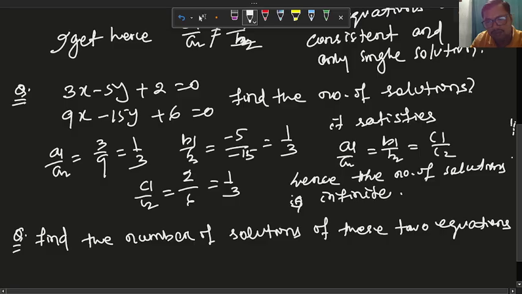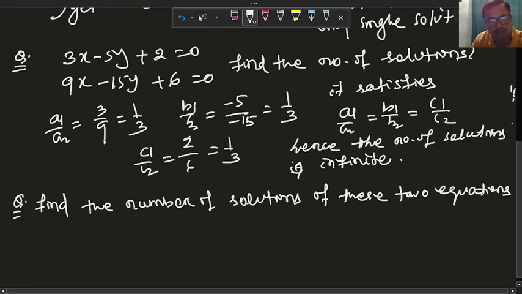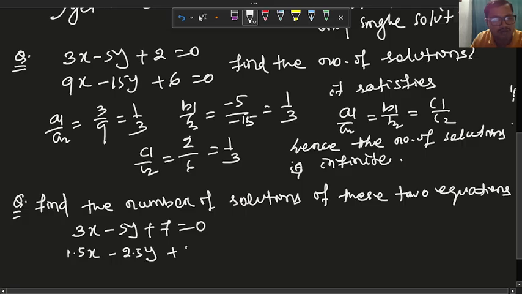One is 3x minus 5y plus 7 equal to 0. The second equation is 1.5x minus 2.5y plus 3.5 equal to 0. So you have to answer it.